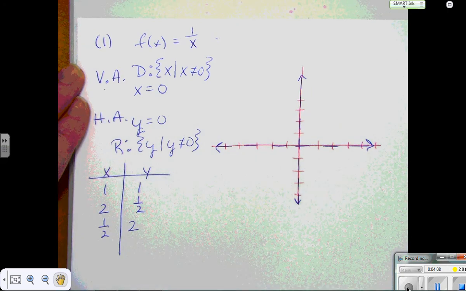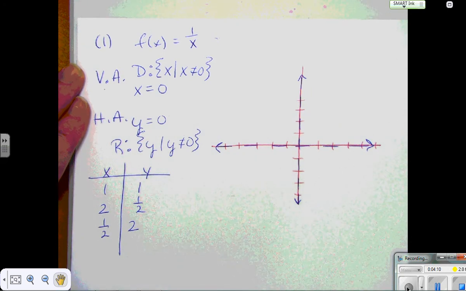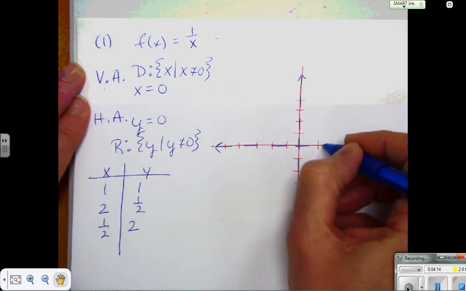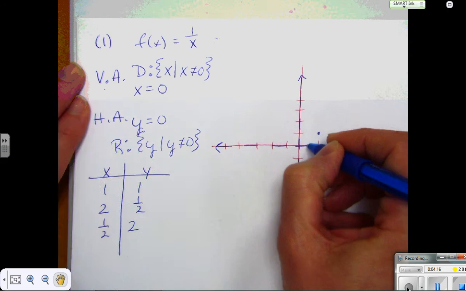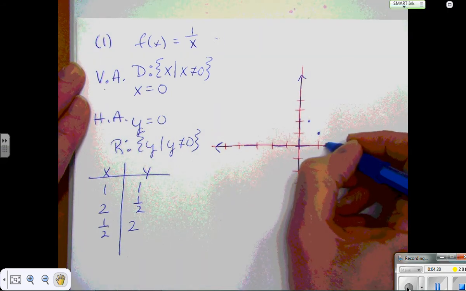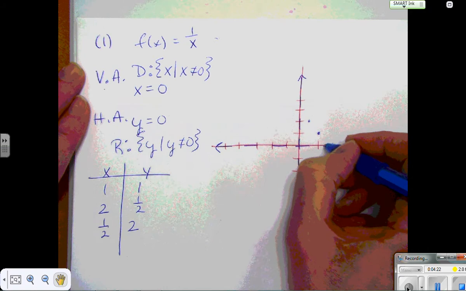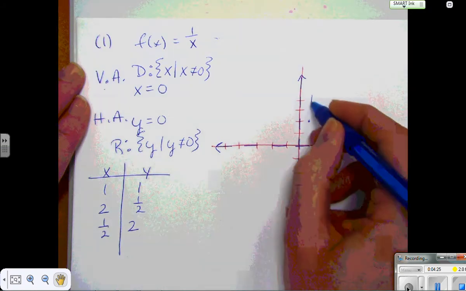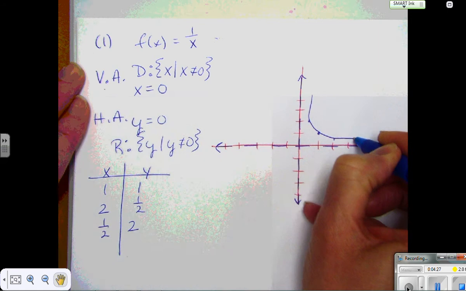When x is in the denominator, you have to flip it and multiply it to the numerator. Okay, so let's graph those points. So those are all positive values.